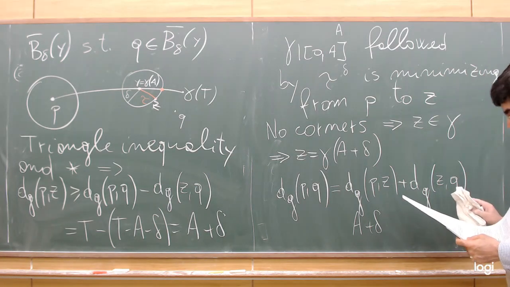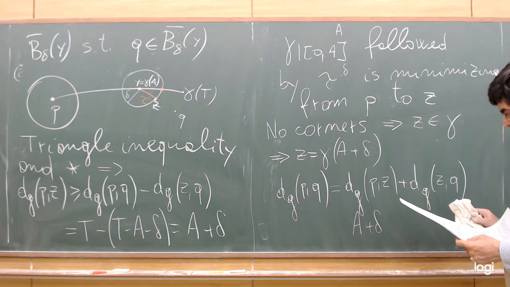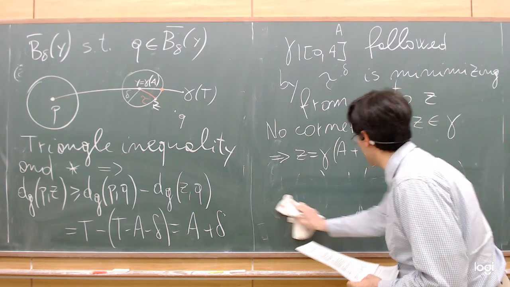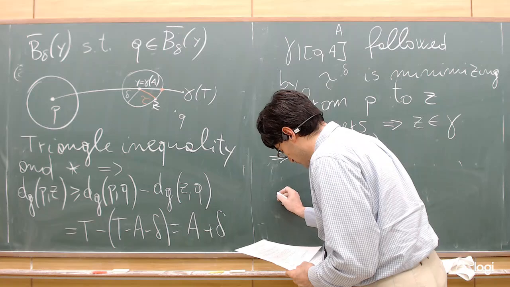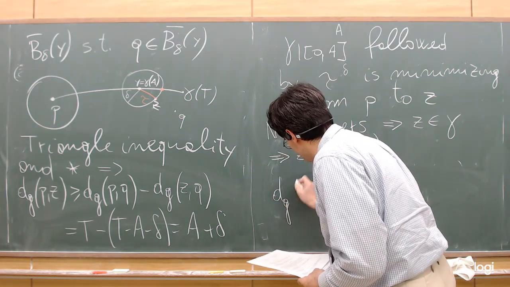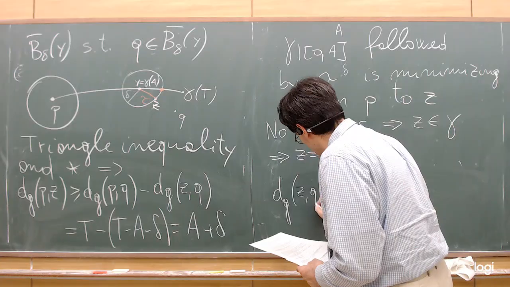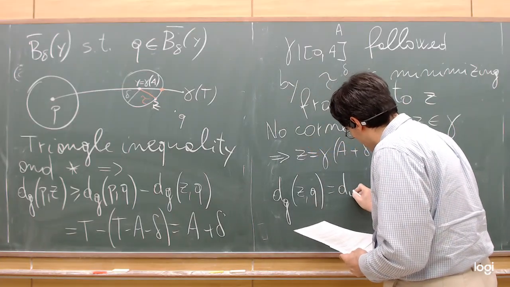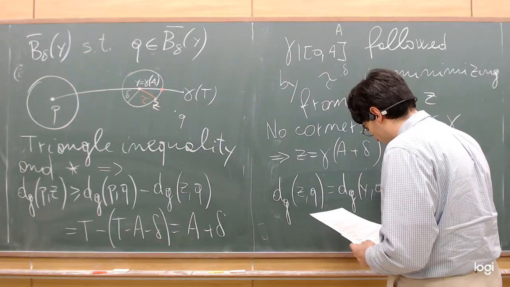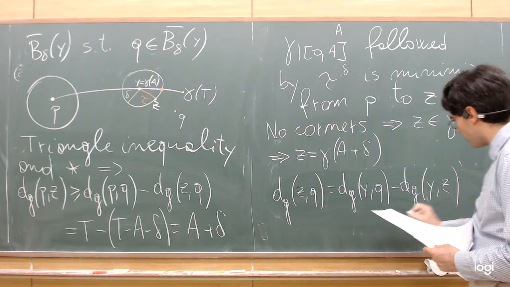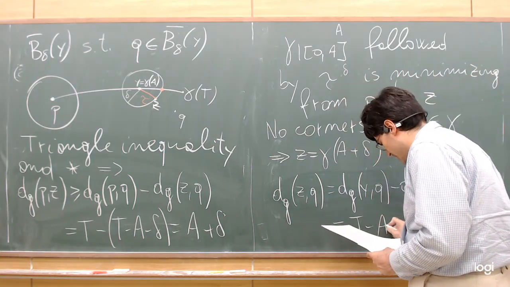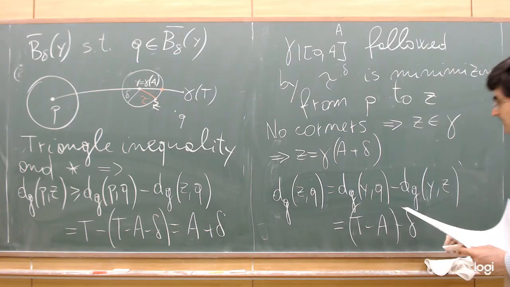Sorry, I have to use another formula, otherwise we don't understand what we are doing. I have to recall this formula here, d(Z,Q): this is T minus A minus delta.